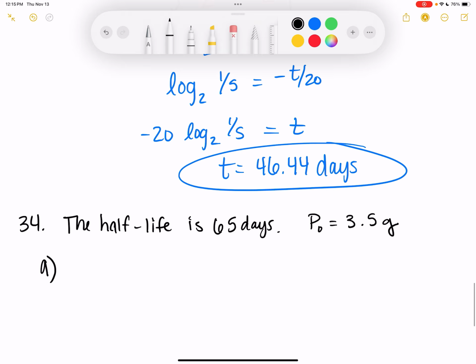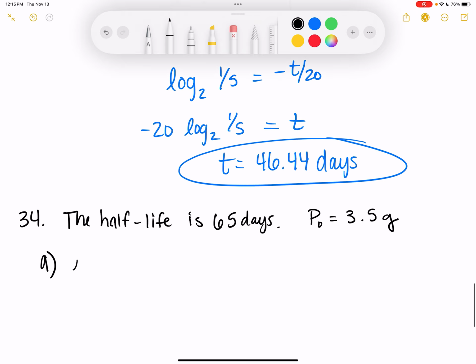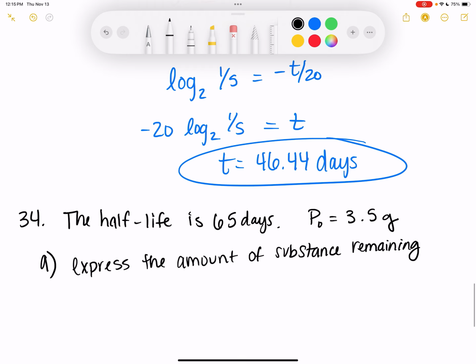But so part A, express the amount of substance remaining as a function of time. So that's just my initial equation set up, is all that that means.